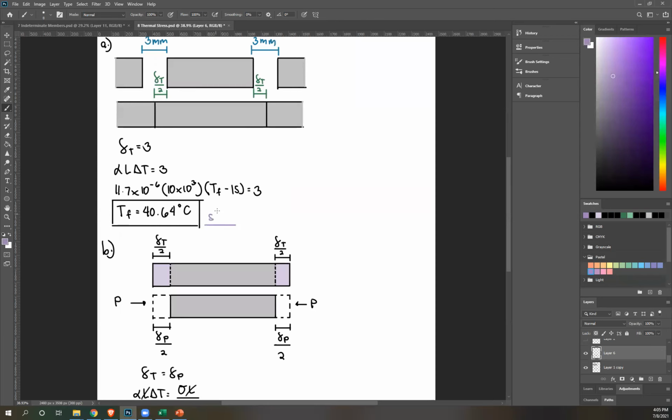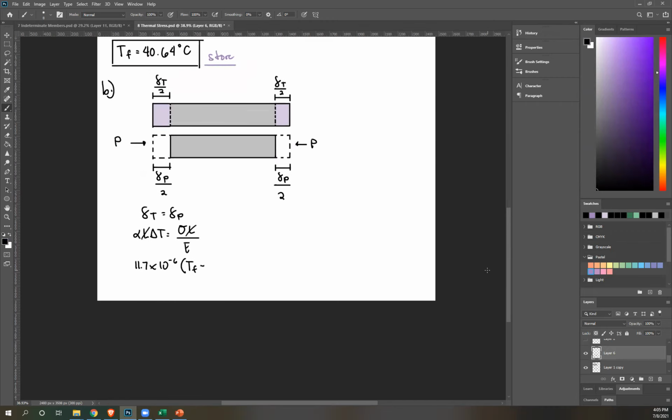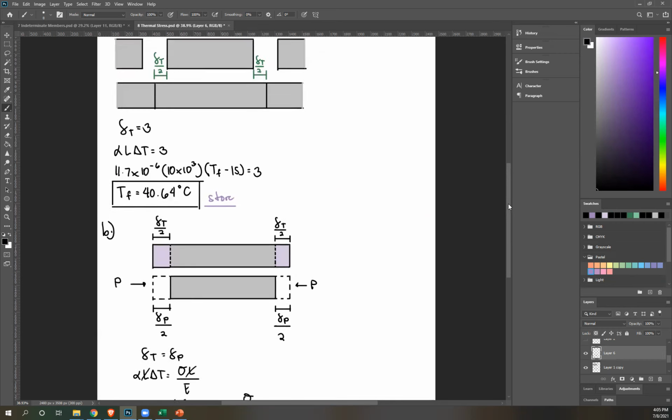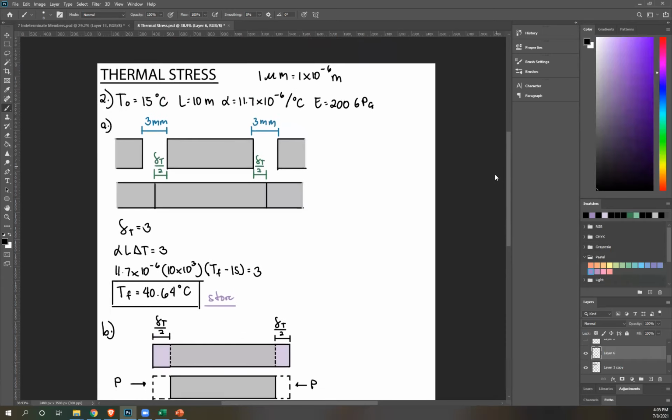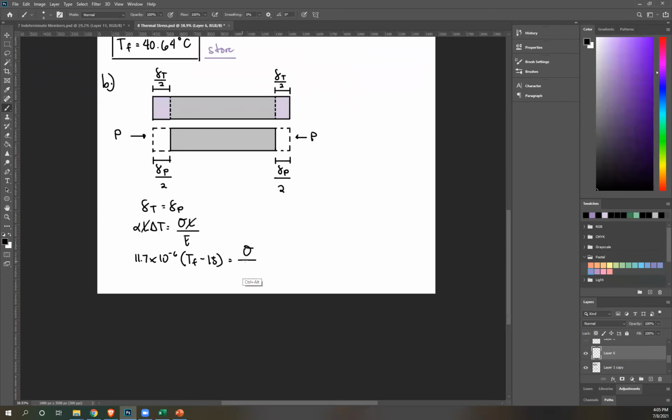So store that. 40.64. Initial temp is 15. And it's equal to stress over E, which is 200 GPa. Convert to MPa, times 10 raised to 3.